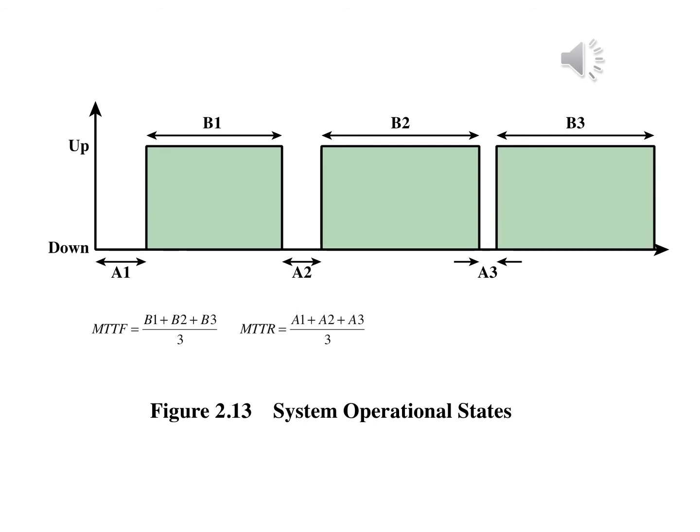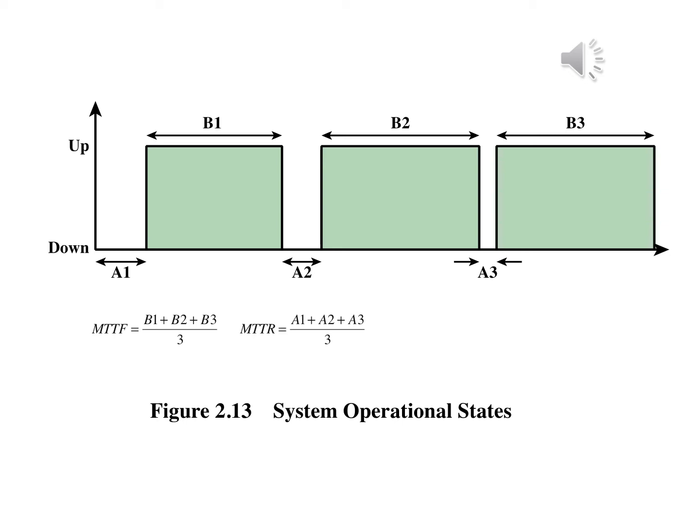The time periods A1, A2, and A3 indicate the time periods when the system is down or unavailable due to a fault. The time periods B1, B2, and B3 indicate the time periods where the system has or can have normal operations taking place. If we add the time periods A1, A2, and A3 and divide by 3, we will find the mean time to repair.